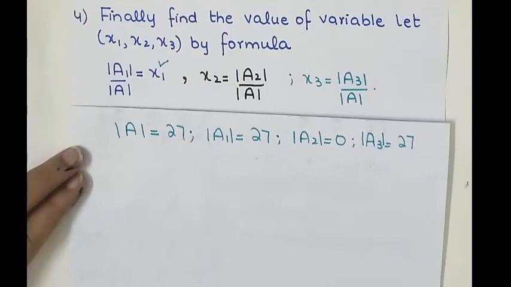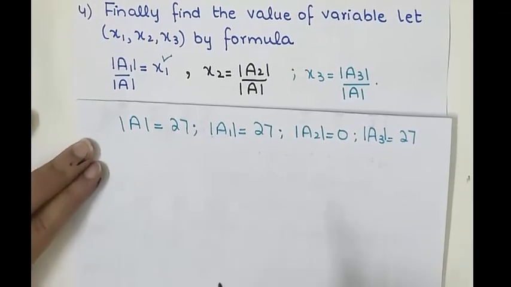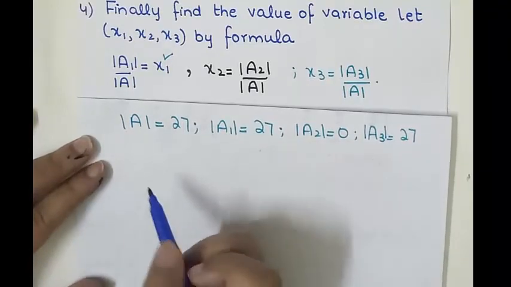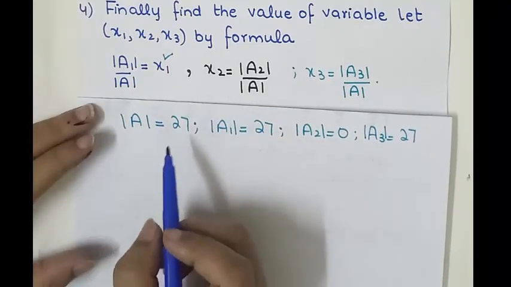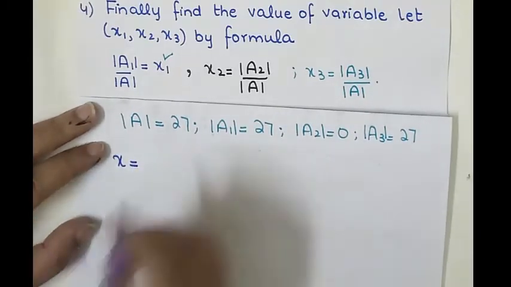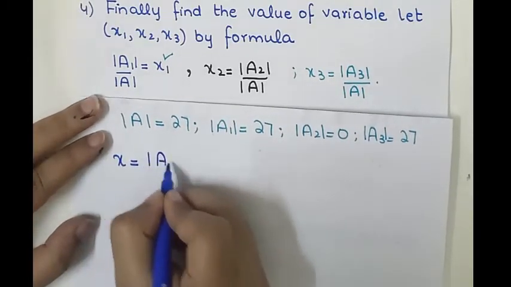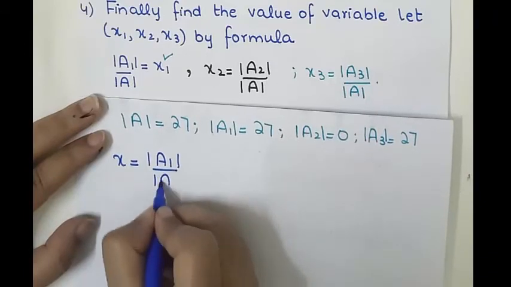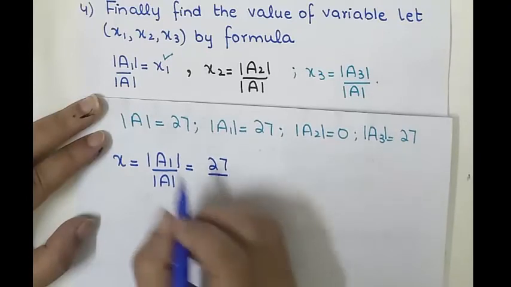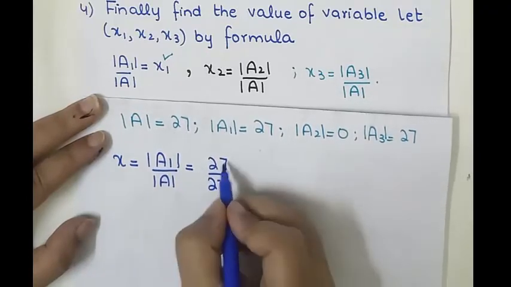So lastly we will find the values of the unknowns x1, x2, x3. But in this case we have x, y and z. So x is equal to A1 over A. A1 is 27 and A is 27.